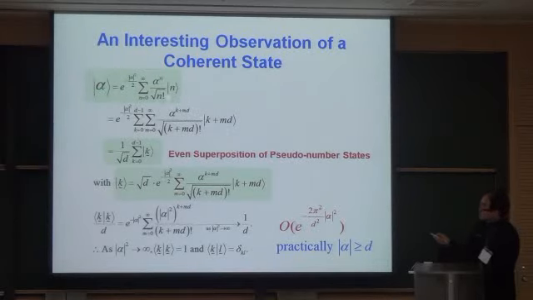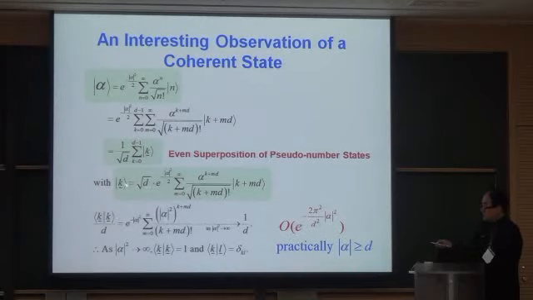So I can do similar operations. I divide them into d parts, and I call this k tilde state. So this k tilde state might have k photons, or k plus d photons, or k plus 2d photons, and so on. And then these states are normalized in this limit, with this accuracy.